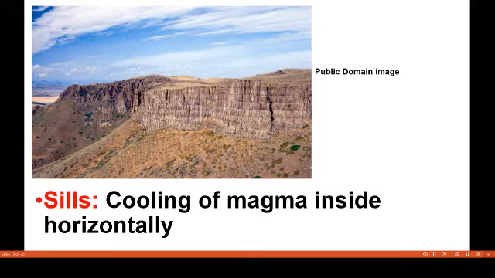The solidification of magma inside the crust occurs in a horizontal manner. We can see how horizontally magma solidification has taken place. Such horizontal solidification or cooling of magma is called sills.